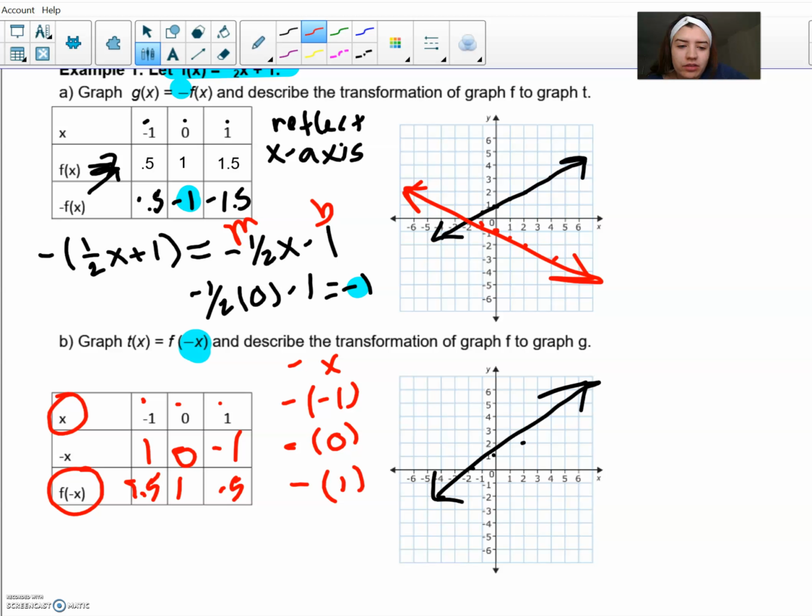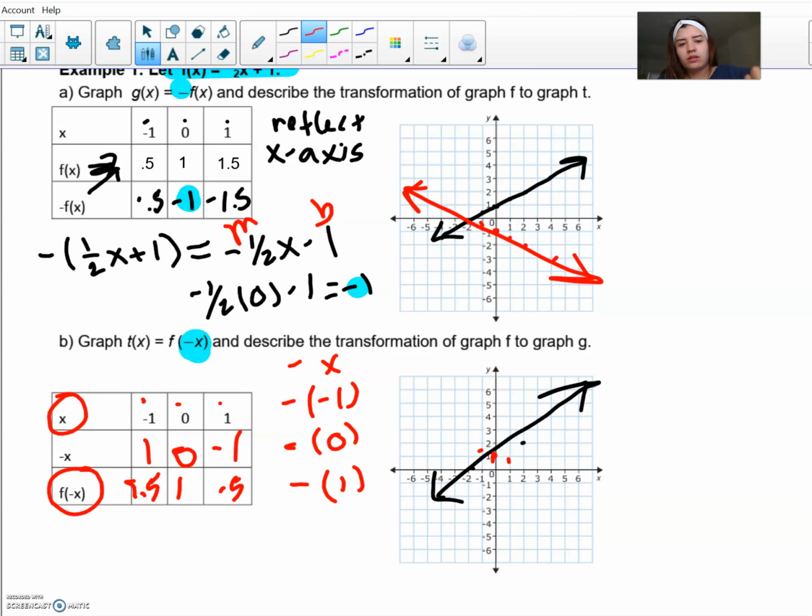So we are at -1 and we go to 1. Oh, sorry guys. We are at 1 and we go to 1.5. We're at 0 and we're at 1. See how we have the same y-intercept as the parent function? That means we're doing something right. So now we're at that.